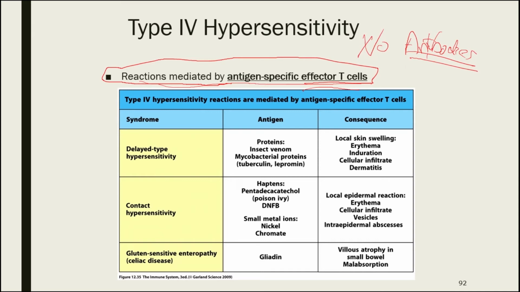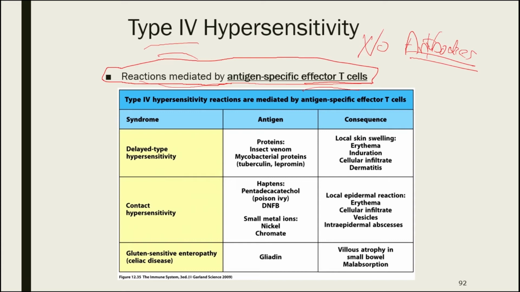But anyway, here is the table summarizing some of the common antigens that can lead to type 4. Note that some of those can also lead to type 1. Some insect venom, i.e. bee stings and wasp stings, can also lead to those, so sometimes they're a double dip.